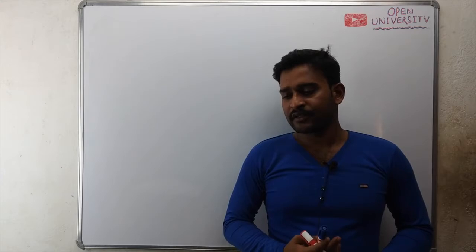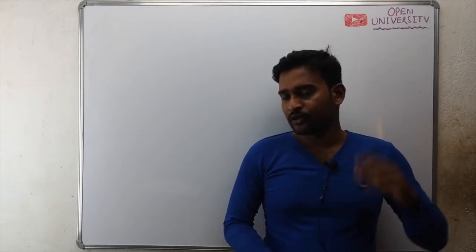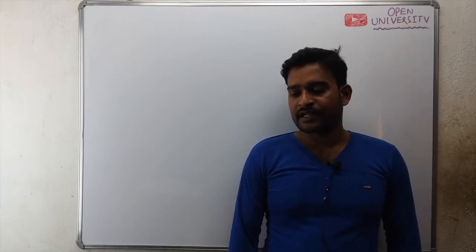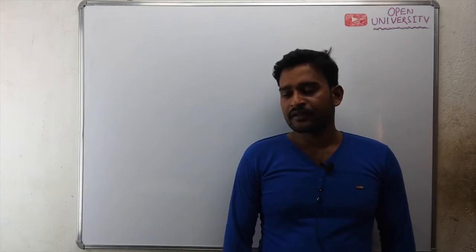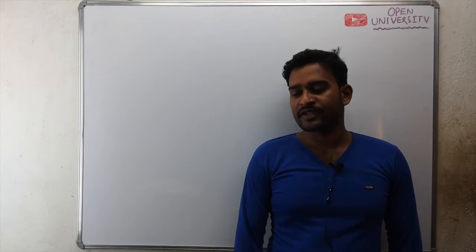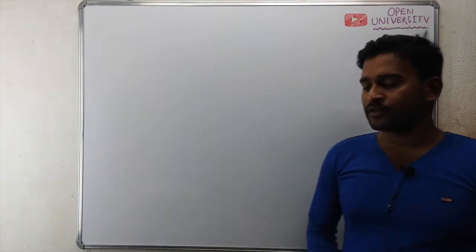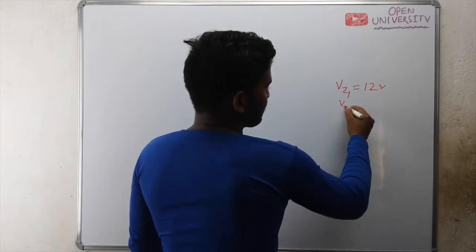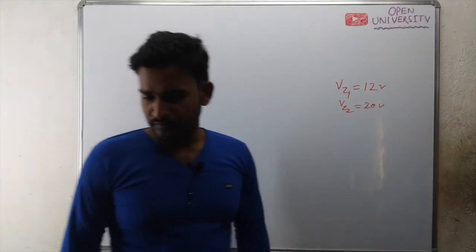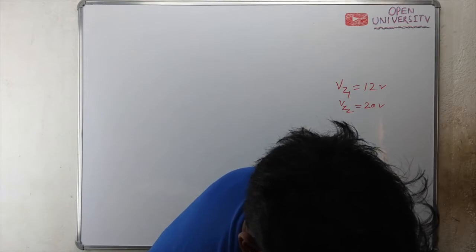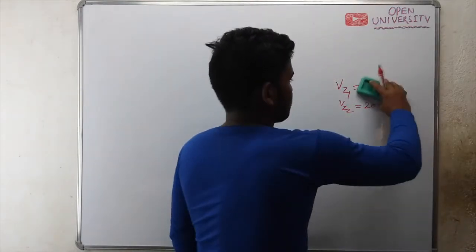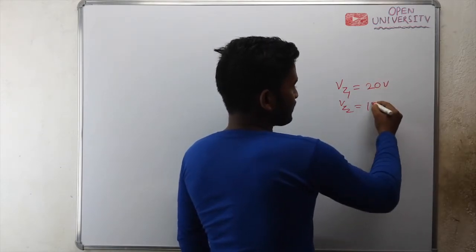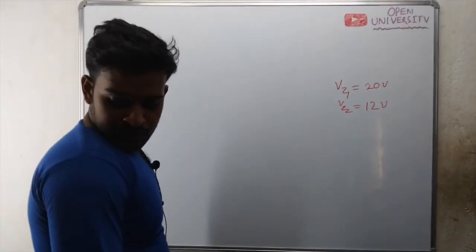Calculate the output voltage in circuit shown, if Zener diodes are ideal, and their breakdown voltages are Vz1 equal to 20 volt and Vz2 equal to 12 volt. Okay, so draw the diagram.